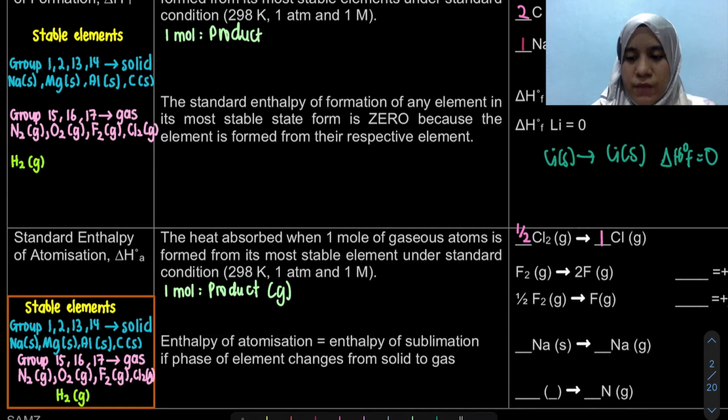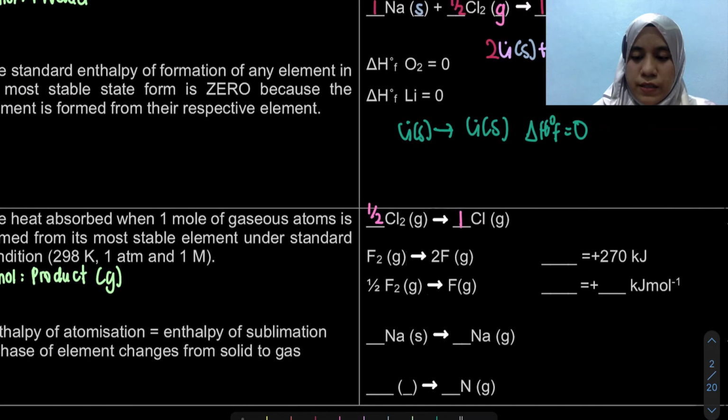Even though it seems macam yalah sebab ada satu yang ini, and the original one is our stable element kan, but it is not our enthalpy of atomization. Yang ini we denote is as delta H sahaja dulu. Okay, but then when we divide this by 2, so we get half F2 to become F gas. Now this is what we call enthalpy of atomization.